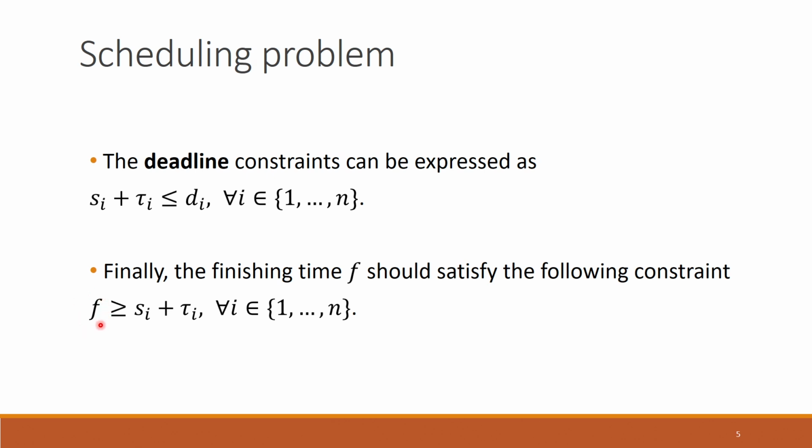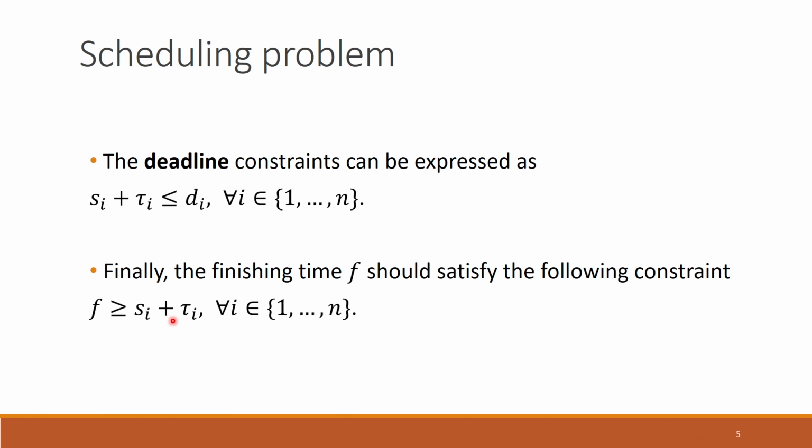So, f wants to be as small as possible, but there are these lower bounds on how small f can be. Okay. Therefore, in the optimal solution f will be equal to the starting time plus the time it takes to execute the last task on any of the processors. Okay.